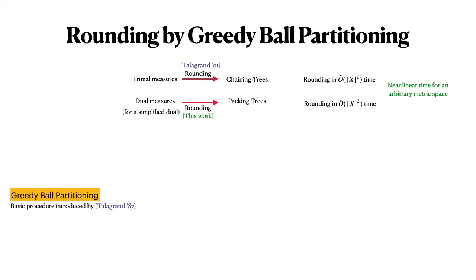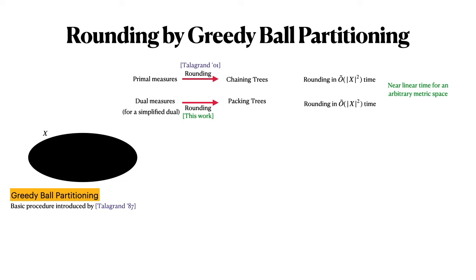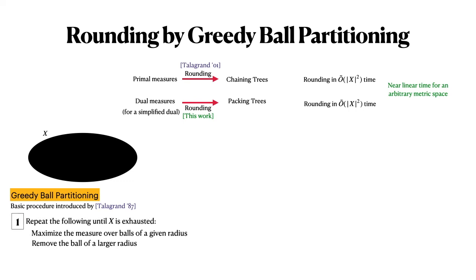So the procedure is very simple on an intuitive level. So this is our index set X. We just repeat the following until we exhaust all the points of X. We take the measure of a ball of a given radius, we remove the ball of a larger radius, and we do this again, and we keep doing this until we exhaust the whole set X. And it's not important that we are maximizing measure over balls.